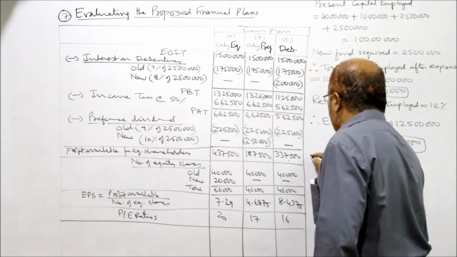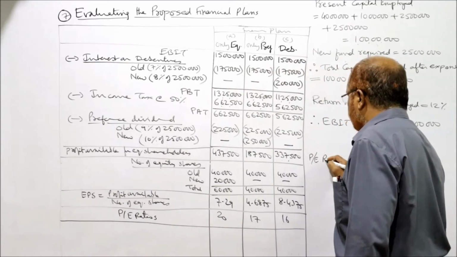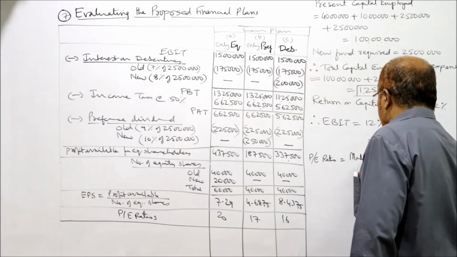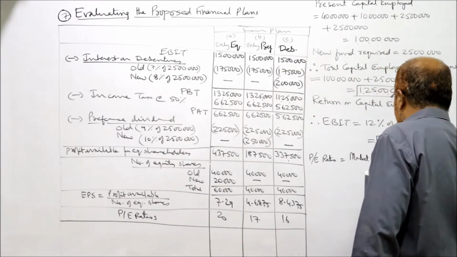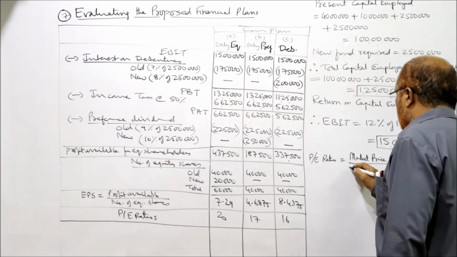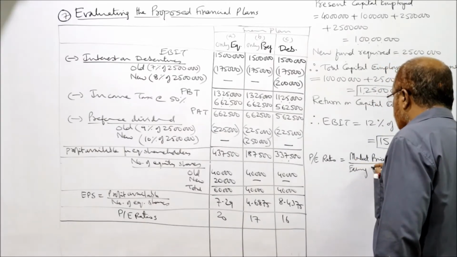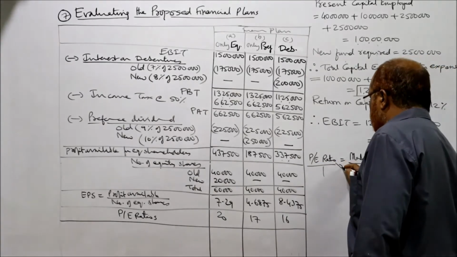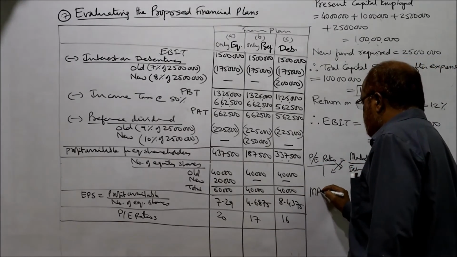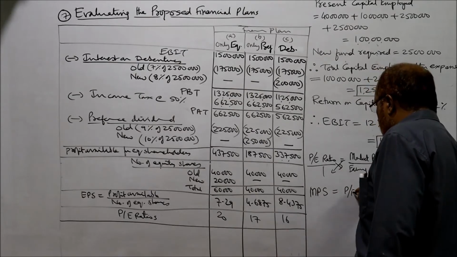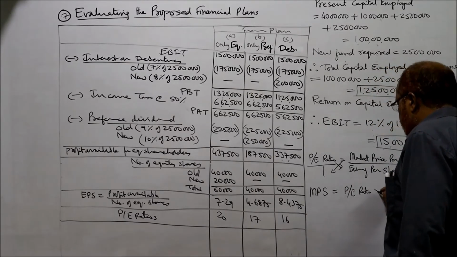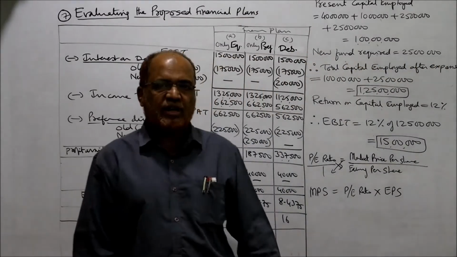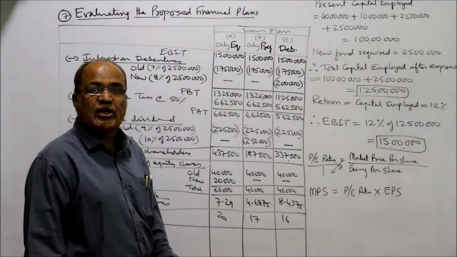The formula for PE ratio is market price per share divided by earnings per share. If we cross multiply, market price per share is equal to PE ratio into EPS. So we can get the market price per share by multiplying PE ratio into EPS.